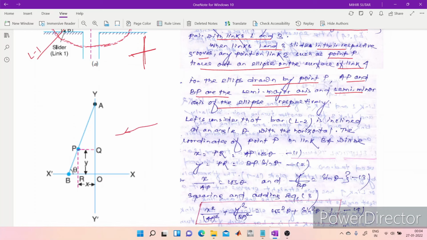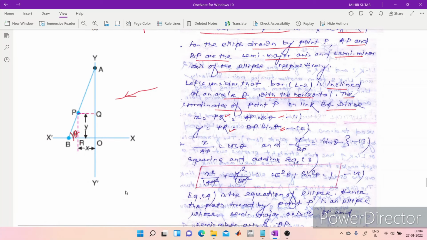Here you can see that the bar, link 2, is inclined at an angle theta with the horizontal. So the coordinates of point P on link BA can be expressed as PQ and PR, where PQ is equal to AP cos theta and PR is equal to BP sin theta.